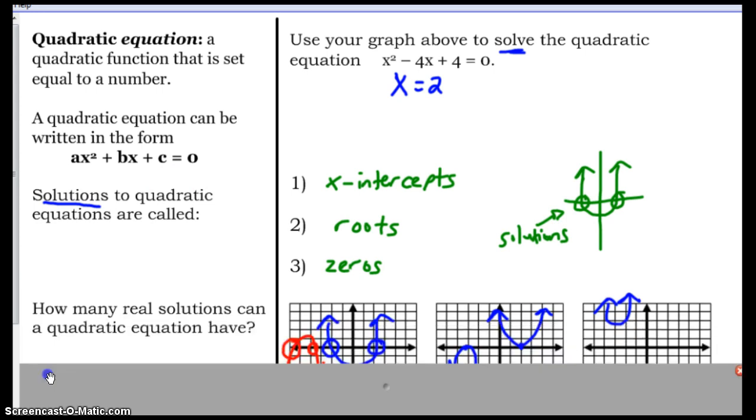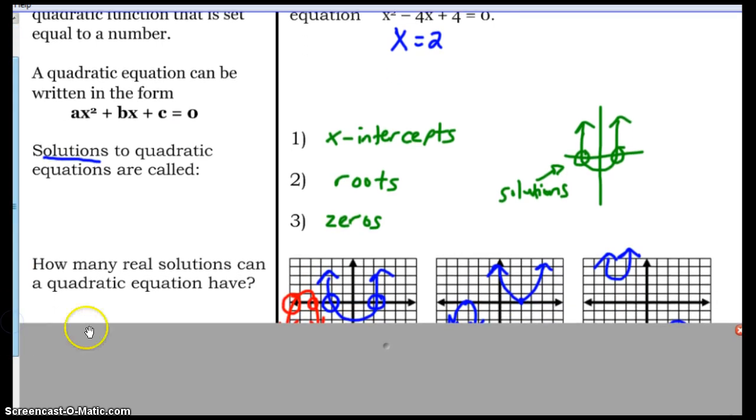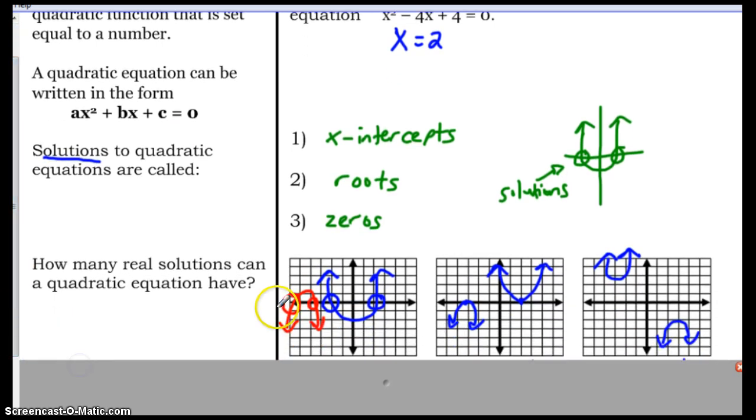There are 3 possibilities for how many solutions you can have. The first is 2 solutions, like we talked about in our first video, where it crosses the x-axis twice. Those are 2 real solutions.